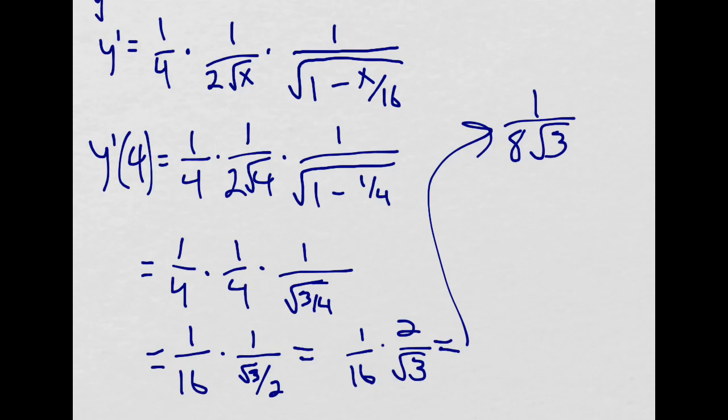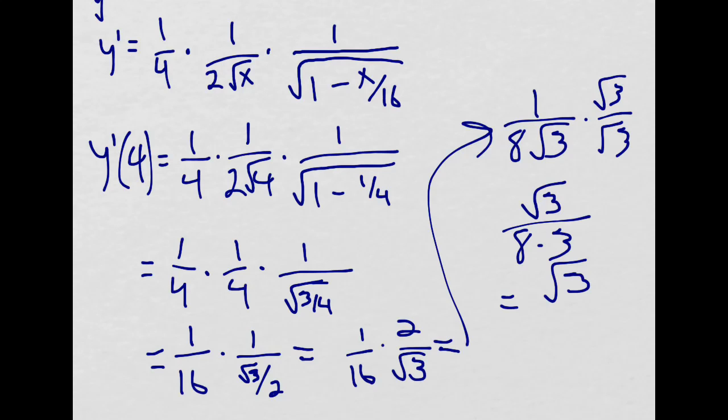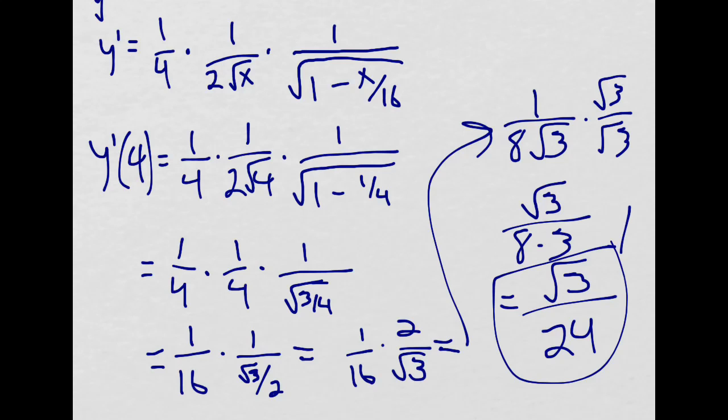But I can't have a root in the bottom, so I need to rationalize this. I'm going to multiply by root 3 over root 3, which gives me root 3 over 8 times 3, which is finally root 3 over 24. So this is my m.